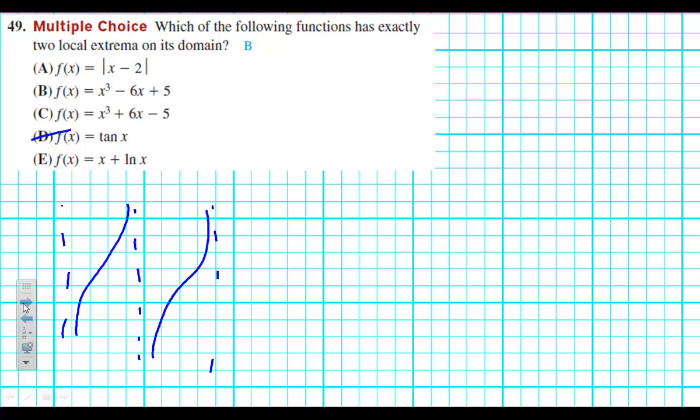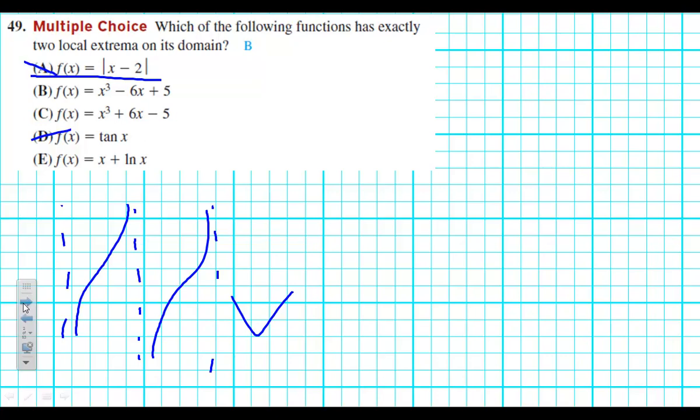The graph of the tangent function has no local extrema. Ever. So it can't be tan. Now, what do I know about the absolute value function? Corner. You think it's going to have local extrema? Well, if it does, only one. So that can't be it.